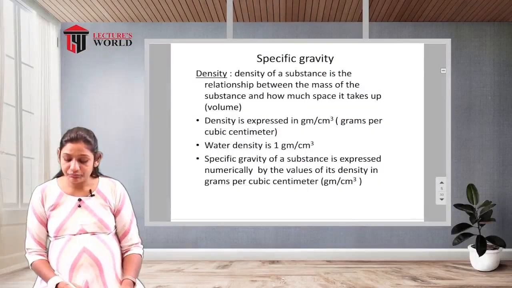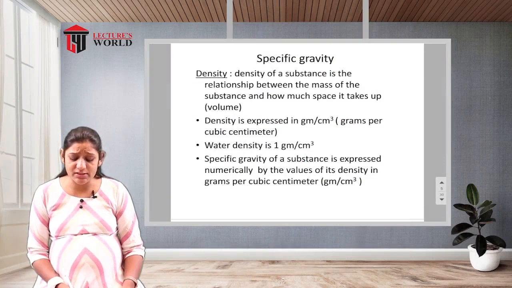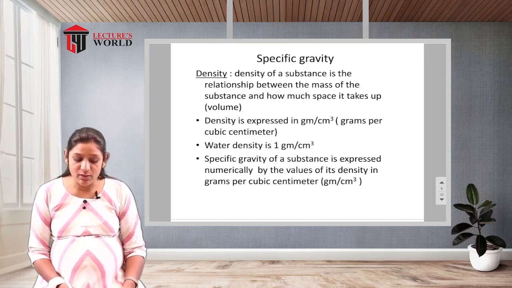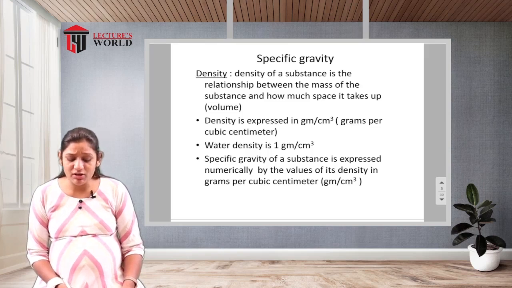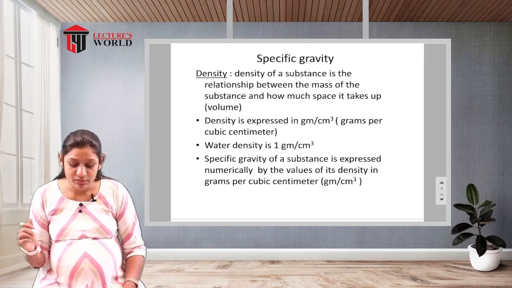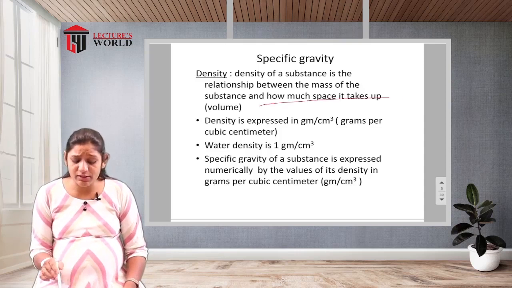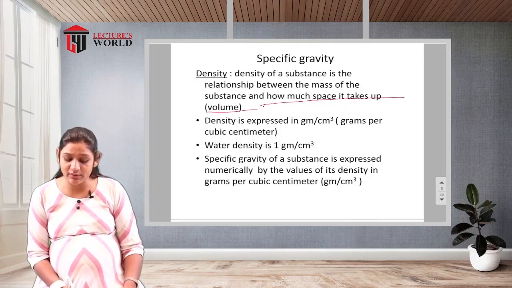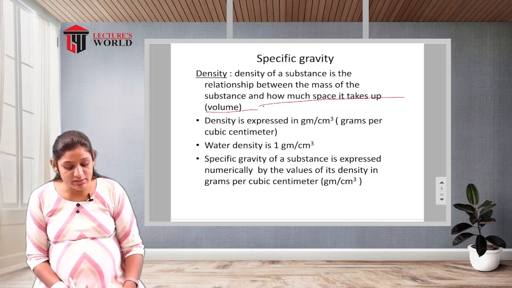Specific gravity. What is called specific gravity? The density of a substance is the relationship between the mass of the substance and how much space it takes up, the volume. Density is expressed in gram per cubic centimeter.